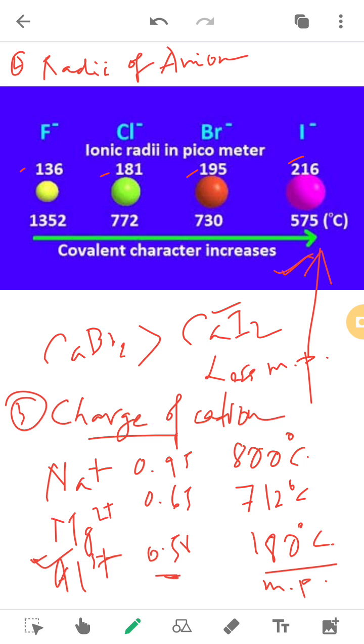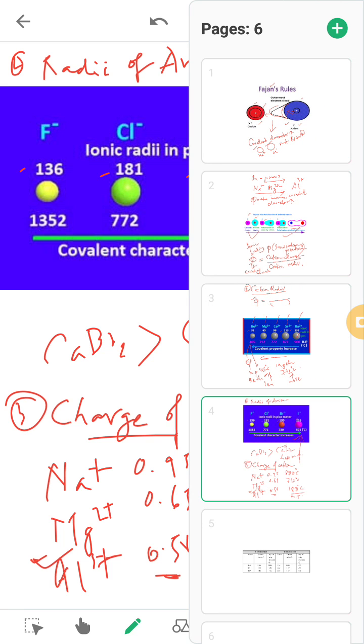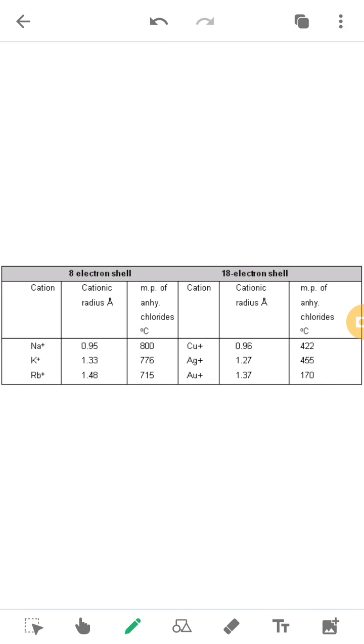Next we go to the next factor. The next factor is whether the atom forming the cation has 8 electrons or 18 electrons in its outermost shell. Suppose, for example, the alkali metals are taken. Sodium has electronic configuration 2s2 2p6, and its radius is 0.95.